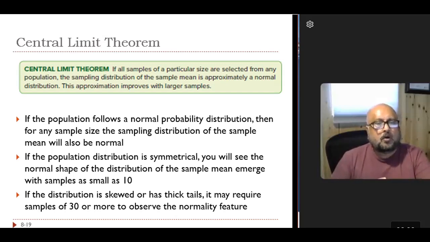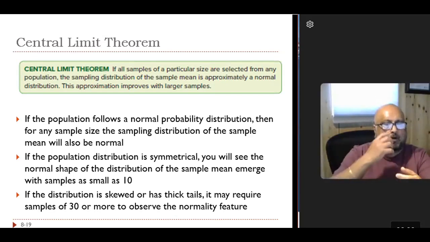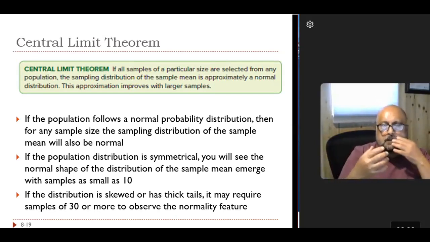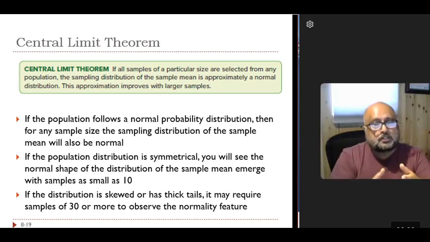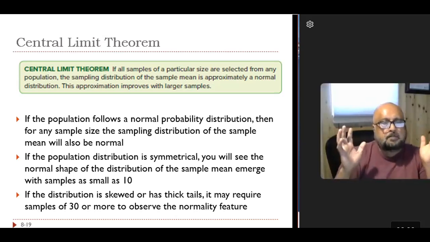If the population is normally distributed, then any sample size you choose, even as small as 10, will give a normally distributed sampling distribution.